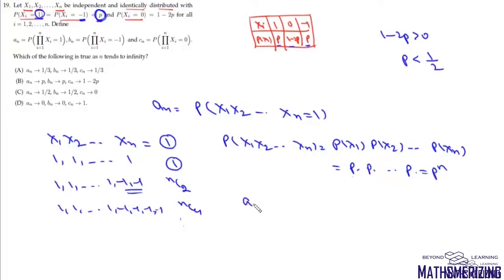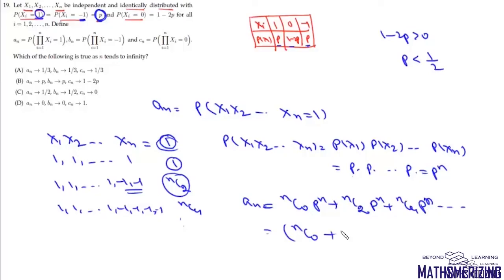So now we can write an. This an will be, the first one is nC0 p to the power n. The second one will be nC2 p to the power n, nC4 p to the power n. So we'll get this condition as (nC0 + nC2 + nC4 + ...) into p to the power n.